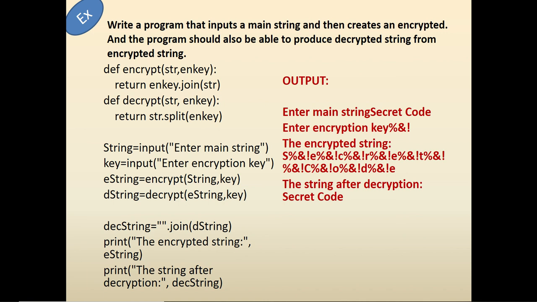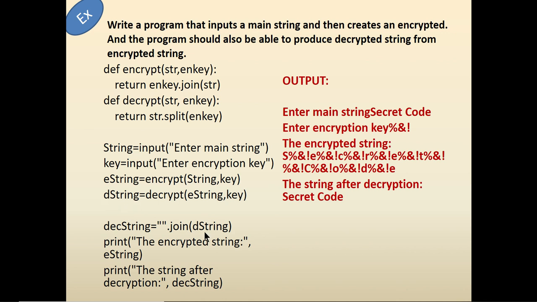To do that, the decrypted string is equal to an empty string dot join of d string. What is d string? D string is a list, right? The split function will give you a list of values. In the list I have s, e, c, r, e, t, that is all the characters of secret code, so you are storing it in d string.